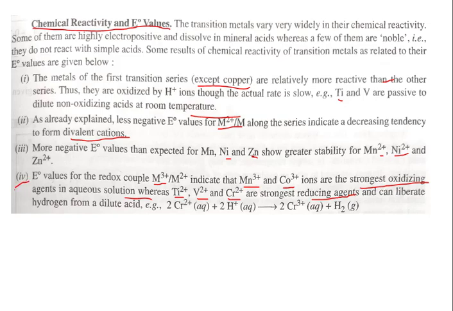Very important, this fourth part. So why do they act as the strongest reducing agents? Reducing agents are those which themselves undergo oxidation. Because of their attainment of stable electronic configuration, they can liberate hydrogen from dilute acids. For example, Cr2+ ion plus H+ ion from acid will be oxidized itself to Cr3+, and reduction is taking place, so hydrogen gas is liberated.